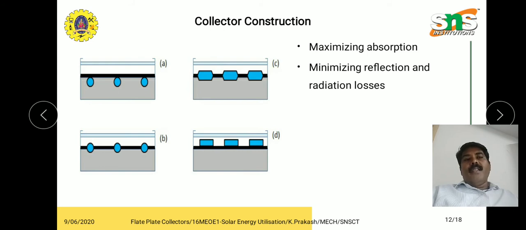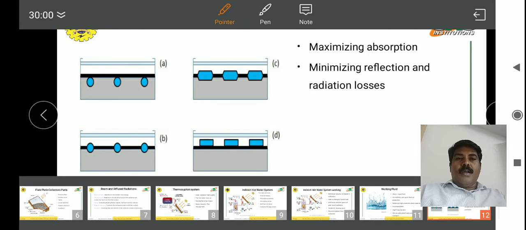Whenever the area is increased, the heat transfer Q also increases. So to increase this contact area, here they have made the contact area larger, whereas here the contact area is lesser compared to A and C.